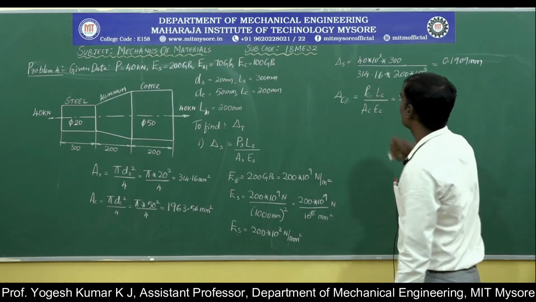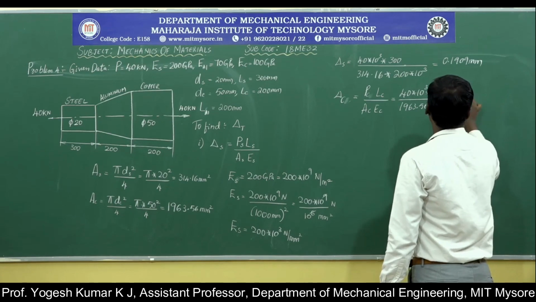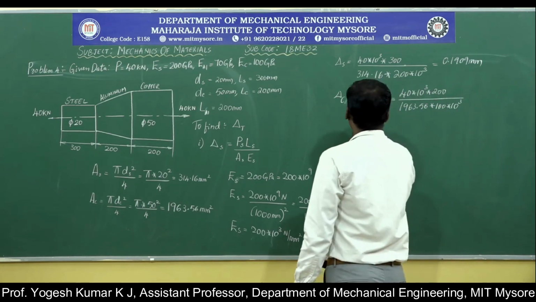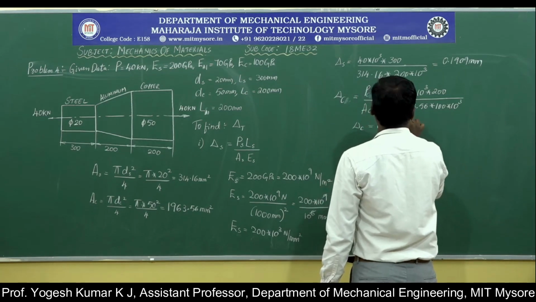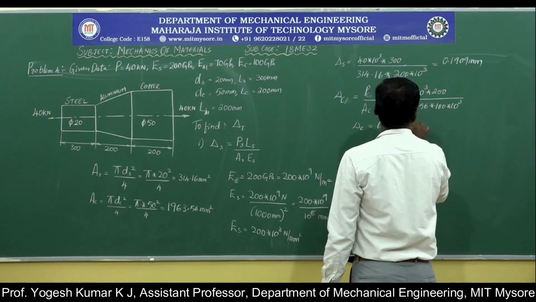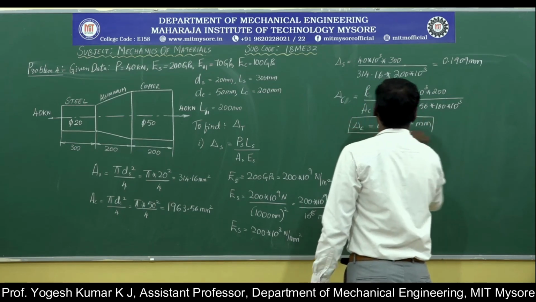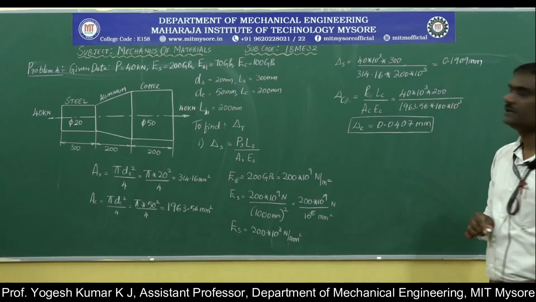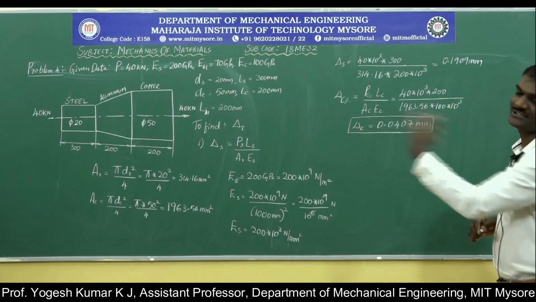So 100 gigapascal can be written as 100 into 10 power 3 Newton per mm square. So delta C we get as 0.0407 millimeters. So we have determined the extension of uniform sections.